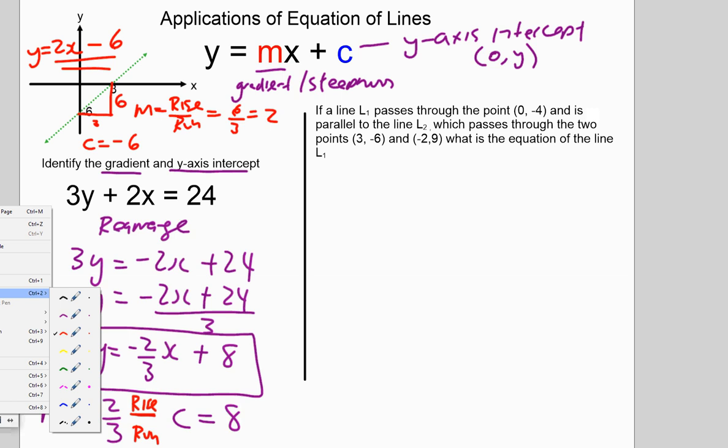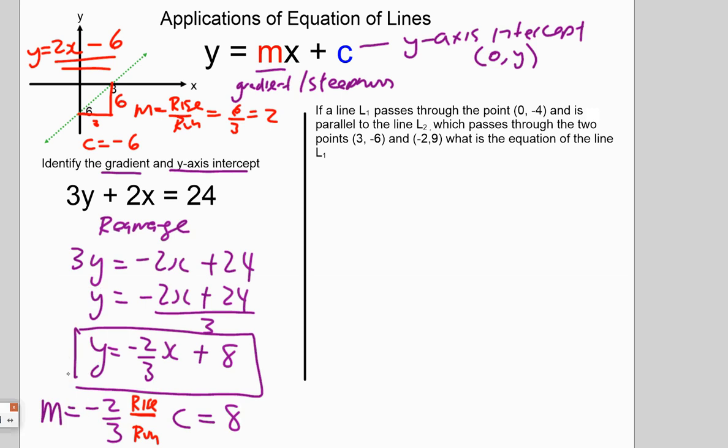Right, the next question gets a little bit tricky. It says, if a line L1 passes through the point (0, minus 4) and is parallel to the line L2, which passes through the 2 points (3, minus 6) and (minus 2, 9), what is the equation of line L1?